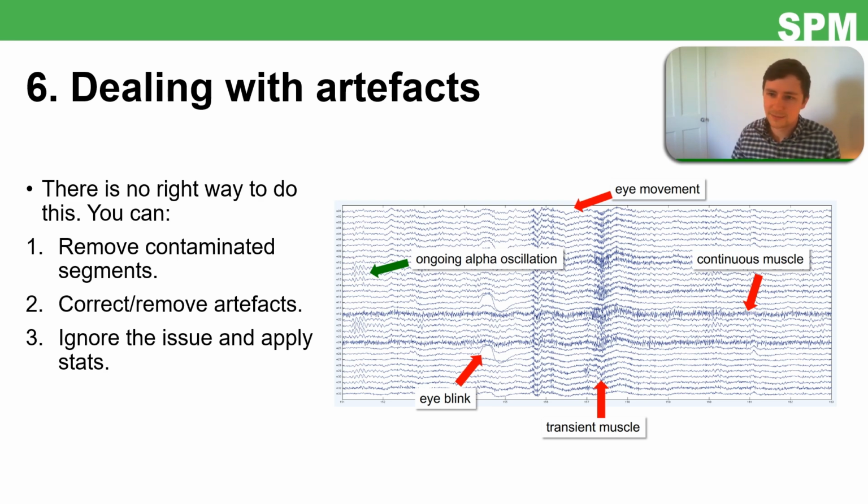An eye blink, that looks like a filtered eye blink to me, quite a low frequency, half a second duration artifact. And then you've got your ongoing signal, something like alpha, which is often visible in the time series. So you can see it might be a bit of an issue.